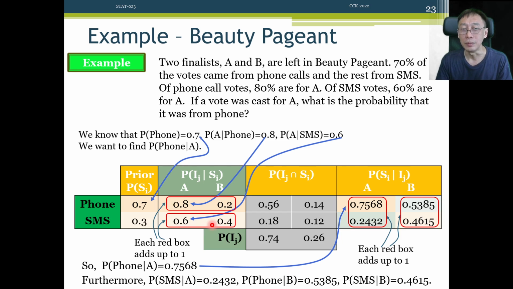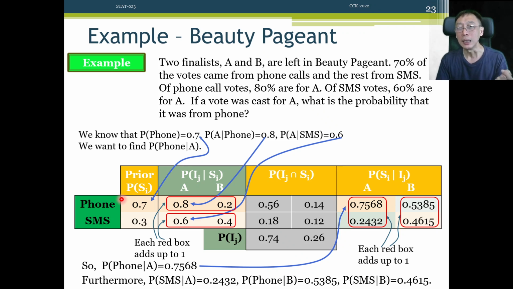And that is fine. But what is more interesting is that I1 here is voting for finalist A. I2 is voting for finalist B. That is not saying that the consultant says phone will happen, because that sounds very strange, right?